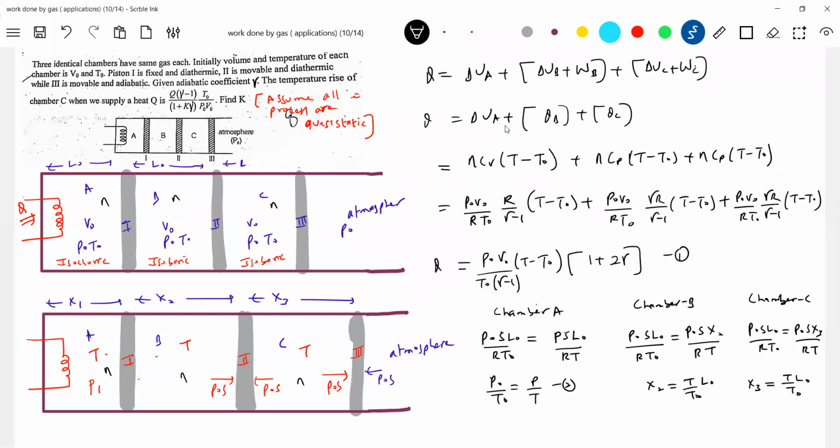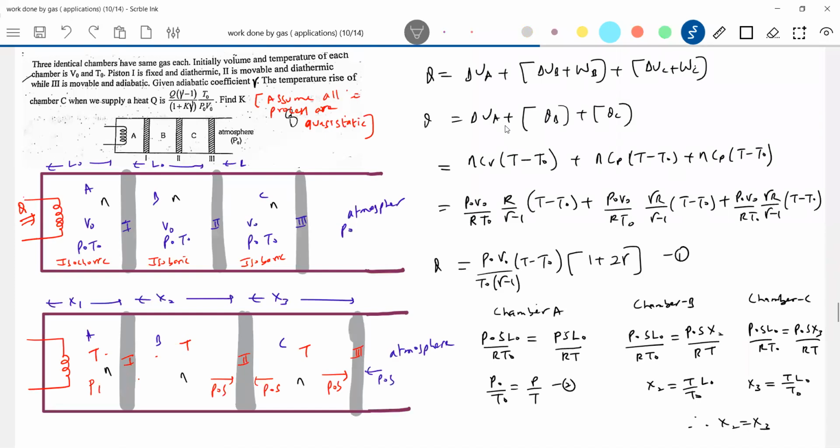Okay, now we wanted T, no? We didn't bother about any other parameter here. So in fact, X2 equals X3. But we need only T, that's all.